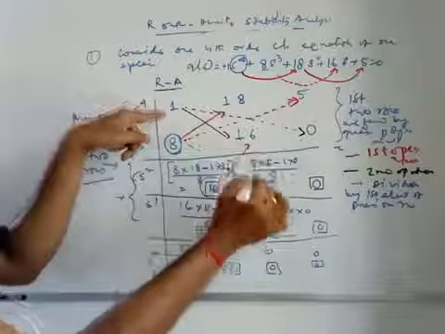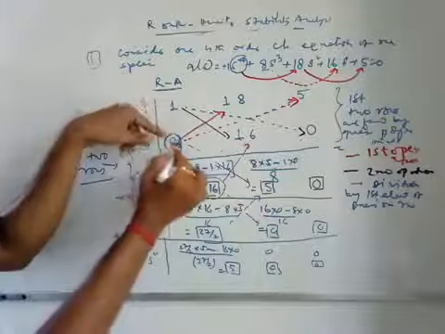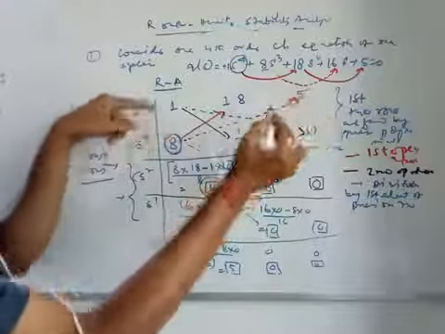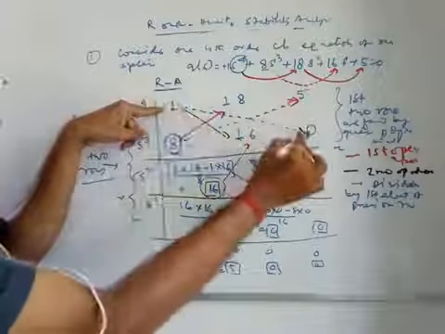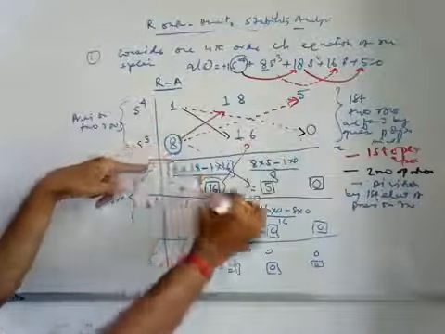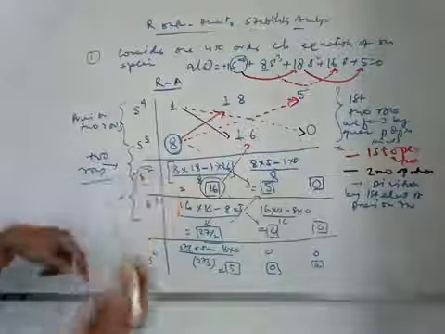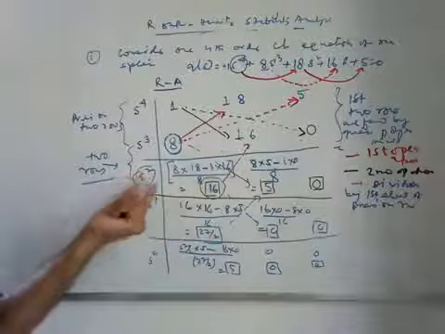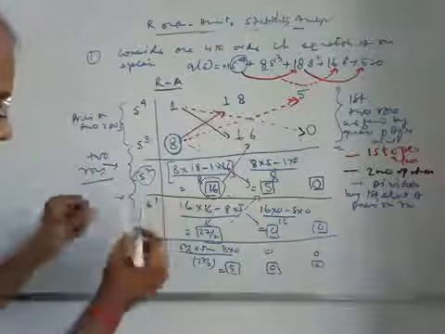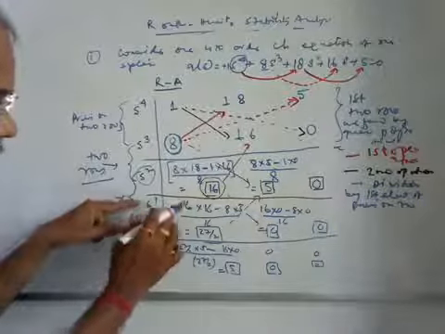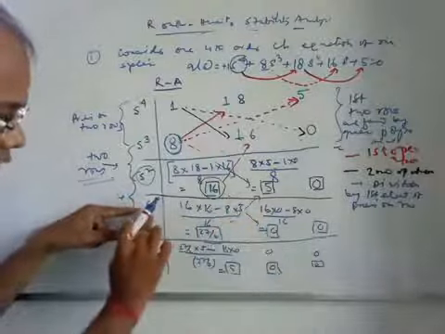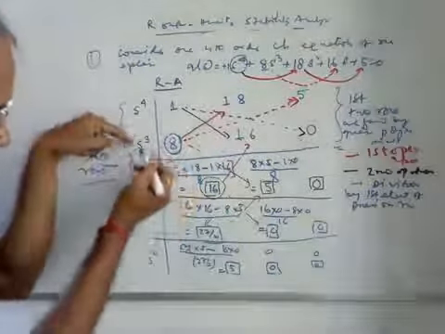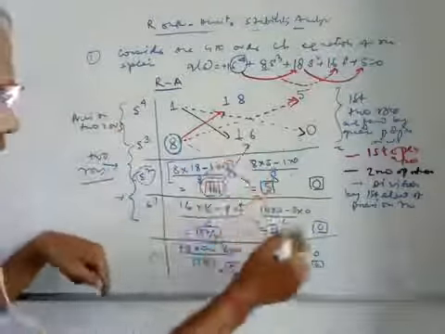Similarly, to form the second element of this row, this element is multiplied by the next element of this row, and minus this element multiplied by this one, divided by the same element. So by this you have obtained the values corresponding to the s square row. Similarly, you have to find the elements of the row containing s to the power 1. That means by the similar procedure you take the previous two rows and perform the same type of operations.